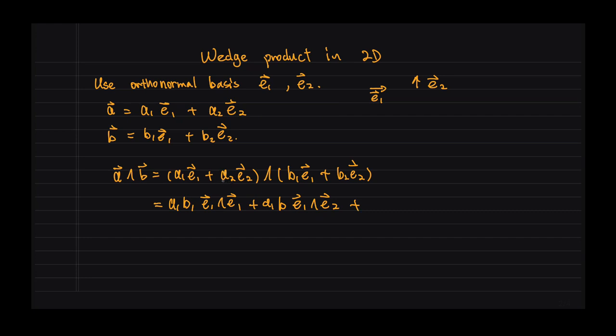Then we have A2 E2 wedge B1 E1, and A2 E2 wedge B2 E2.